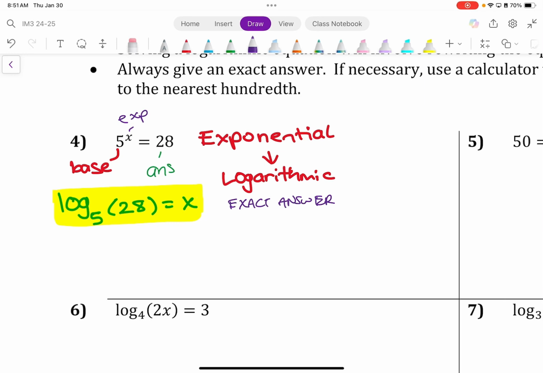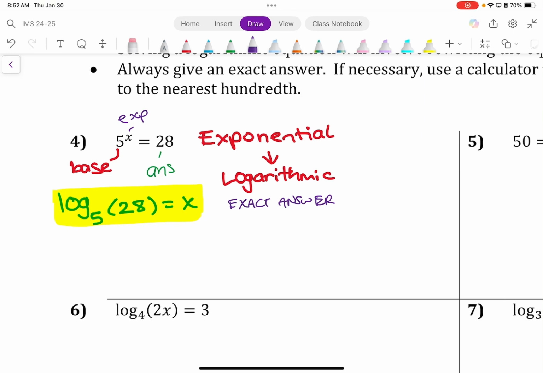All right, you're going to hit the up arrow 2 times, until you see the option of log base. Log base should be highlighted. Does everyone see that? All right, hit enter. It's going to open up a function. It's going to say log base blank of blank.